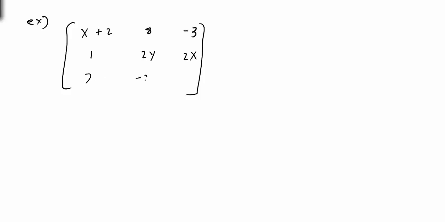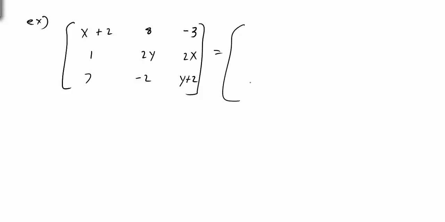and let's see if we can solve for x and y here. If we have x plus 2, 8, negative 3, 1, 2y, 2x, 7, negative 2, and y plus 2.